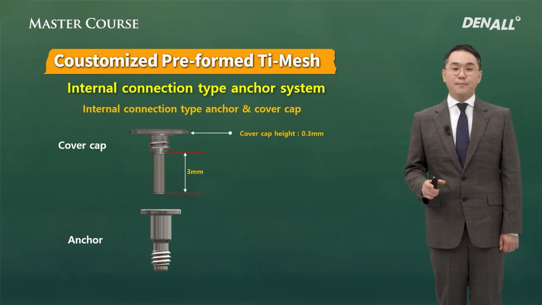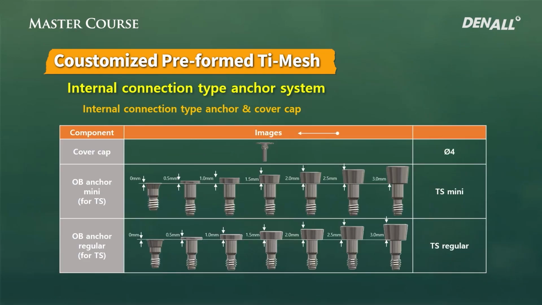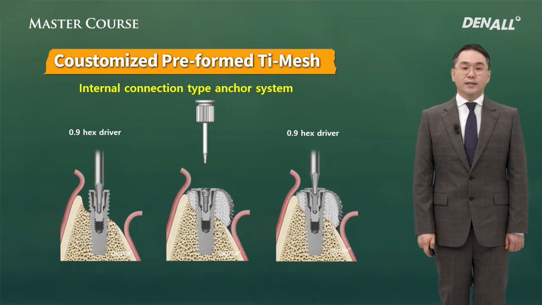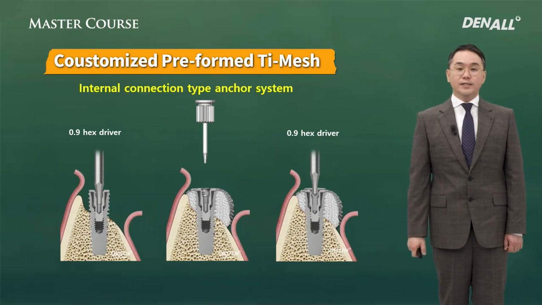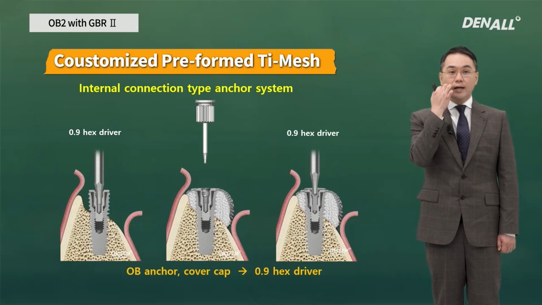If you're going to use the internal connection type anchor, you need to use a cover cap that is compatible with it. The length of the anchor ranges from 0 millimeter to 3 millimeter, and it increases by 0.5 millimeter. Another point you should bear in mind is that when you use internal connection type anchor, you need to use 0.9 hex driver.